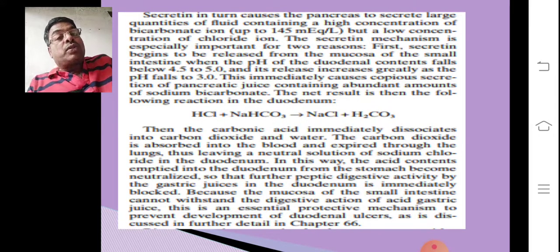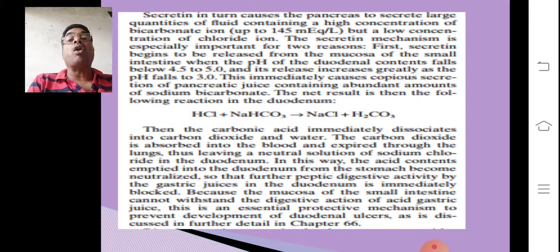Secretin in turn causes the pancreas to secrete large quantities of fluid containing a high concentration of bicarbonate ions, up to 145 mEq per liter, but a low concentration of chloride ions. The secretin mechanism is especially important for two reasons.